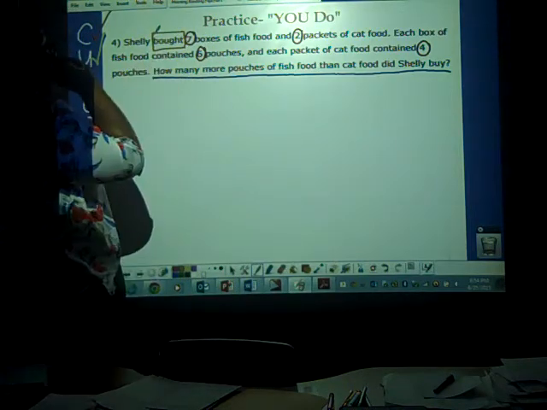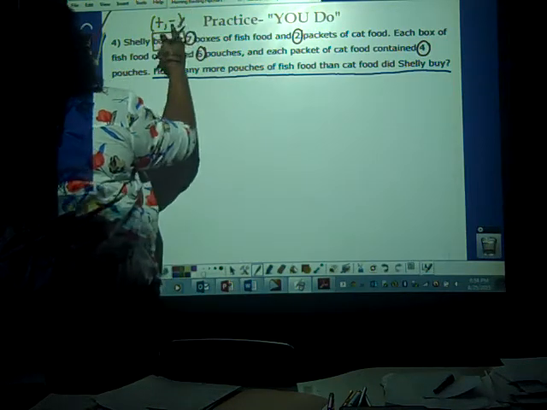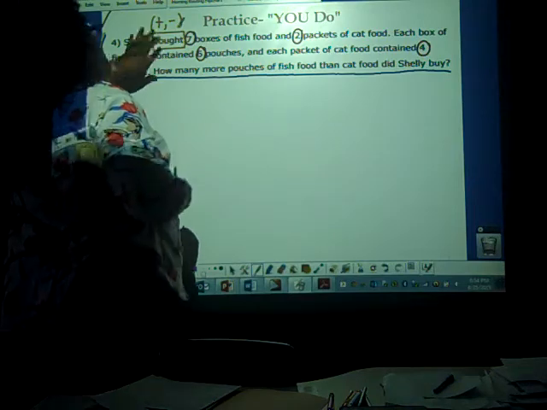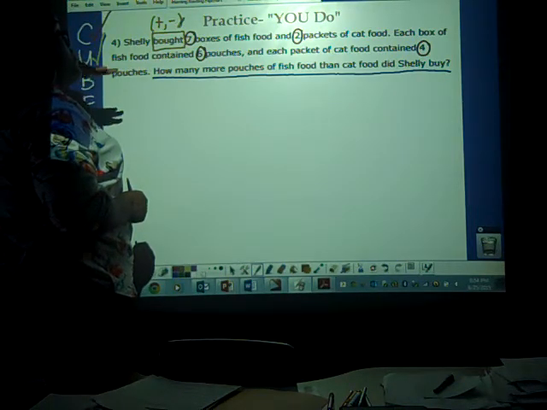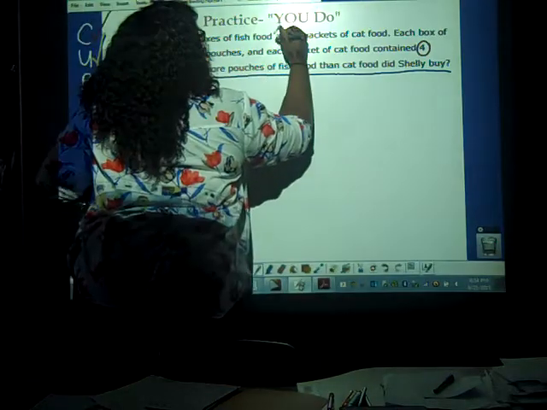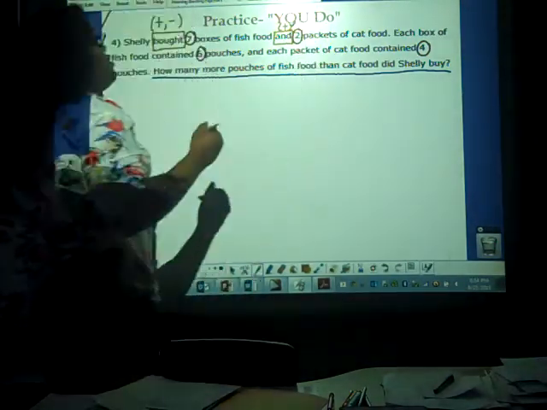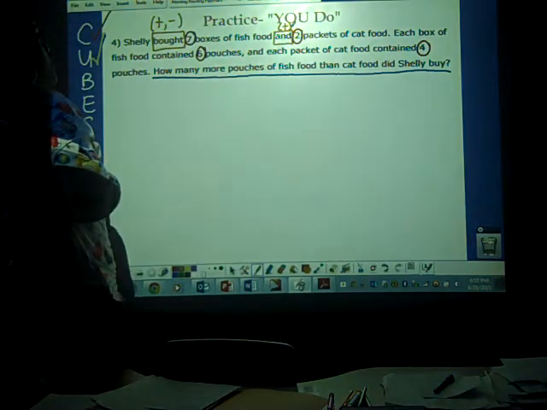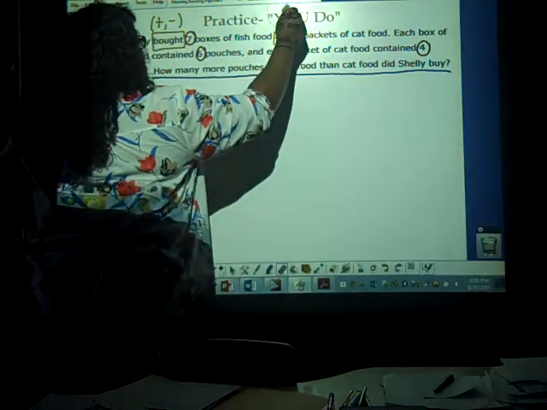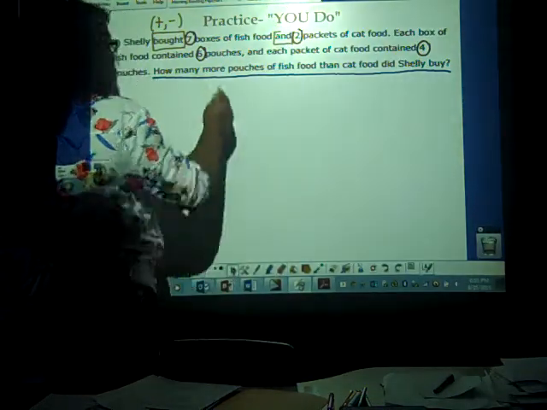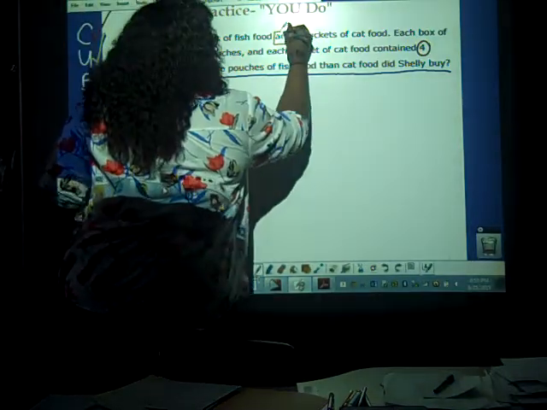She's buying stuff. It could be addition or subtraction, so we'll just put both of them there. Shelly bought 7 boxes of fish food and 2 packets of cat food. I say you can still put addition and subtraction because you're subtracting from your pockets, but you're adding to PetSmart pockets.